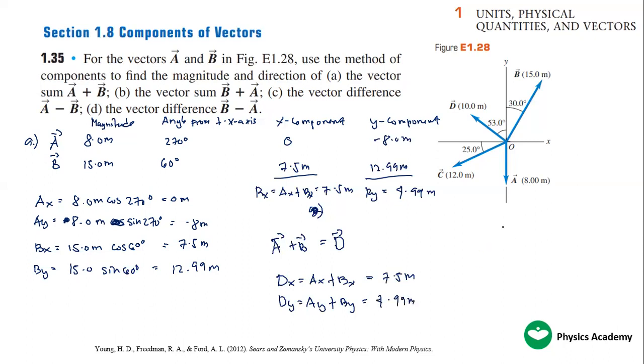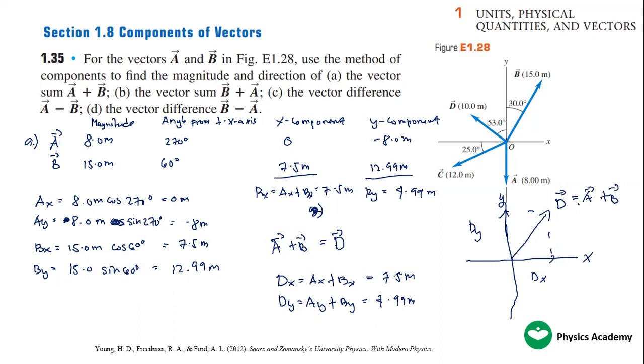So to find the angle of the vector A plus B, we have positive dx and positive dy on the x and y axes. This is our vector D, the sum, which is A plus B.